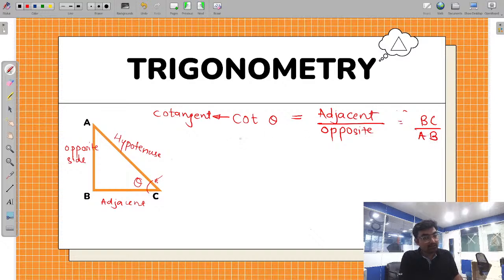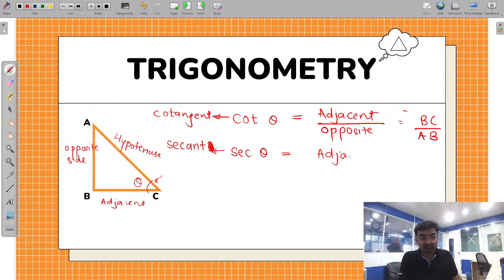Clear? Now the next ratio is sec theta. If you know the full form of this, you are good at maths. It is secant theta.